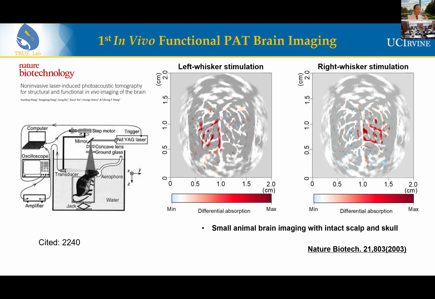So I was asking, look at the first generation photoacoustic tomography system on the bottom left, everything, including the mouse and transducer, is immersed in the water tank. Why do you think it has to be in the water tank? Better transmission. Yes, because ultrasound has a limitation.